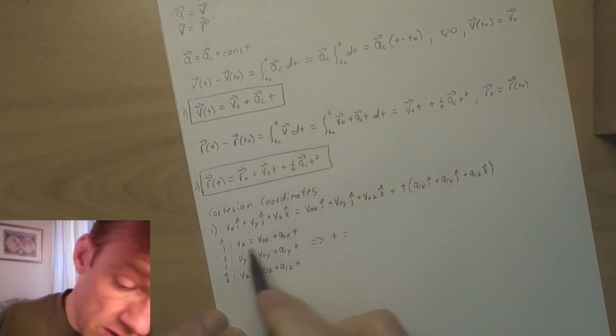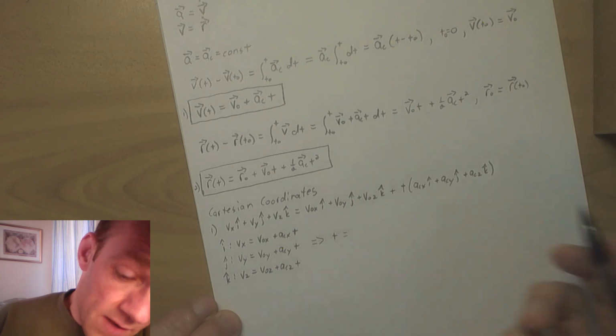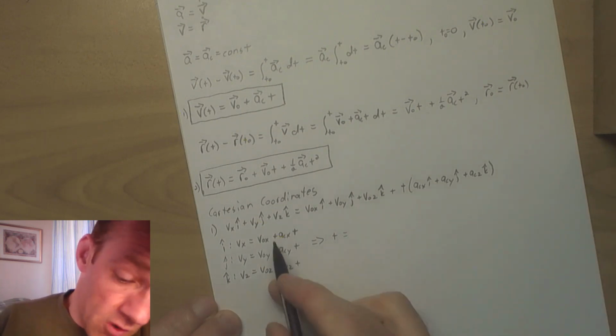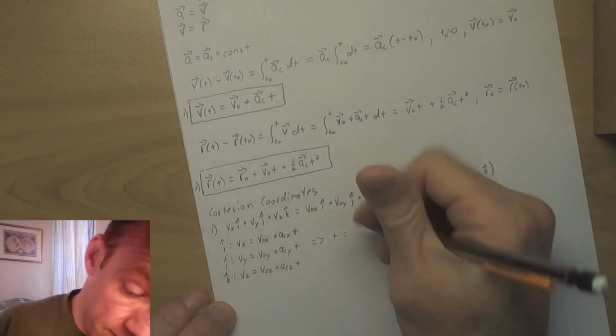I solve this equation for time, and this and this. And so you get three different definitions of time in terms of the x, y, and z coordinates.